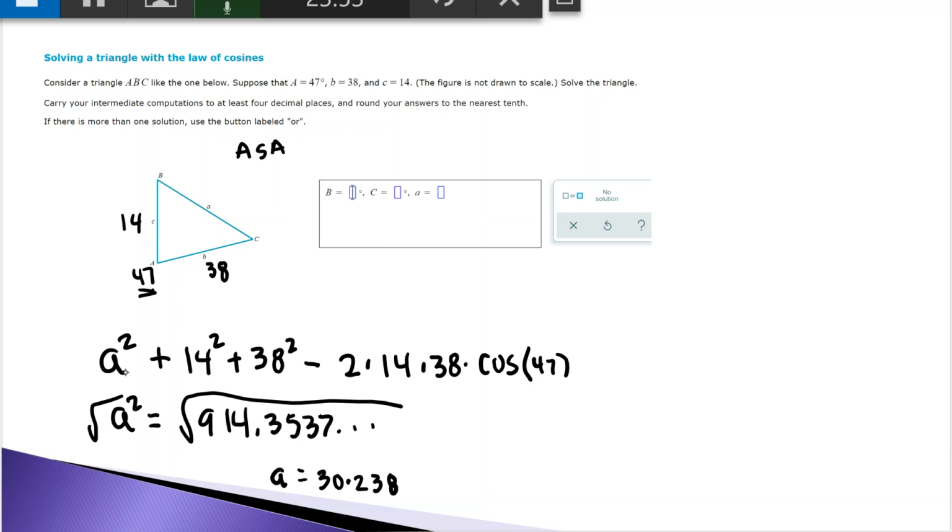And again, we want 4 decimal places, so 30.2383. There's my small a. Okay. Now, once I've got that side, let me write that in another color so we know we didn't have it originally.